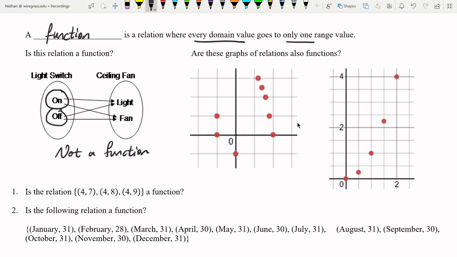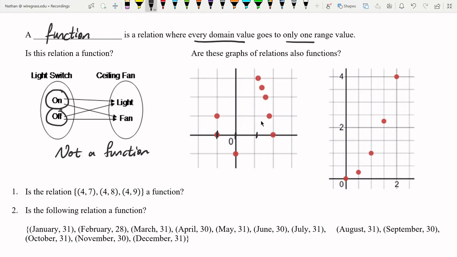For this next one, we have two relations that are graphed with the points, and so we're looking at, does every domain value go to only one range value? Well, the domain values, remember, are the x-axes. So this is the domain value here for these 2 points. This one, the domain value is right here on the origin.